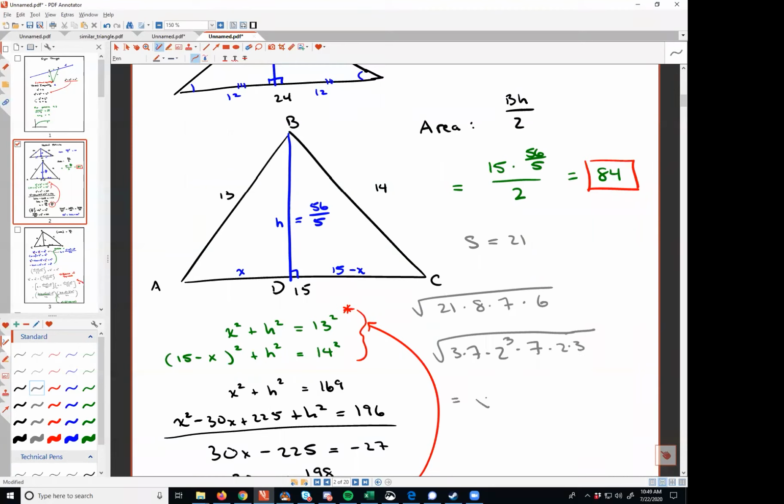So we have the square root of 2 to the 4th, 3 squared, and 7 squared. And that's equal to 2 squared times 3 times 7. And what is that? 84. The same thing that we got before by going through all that algebra.